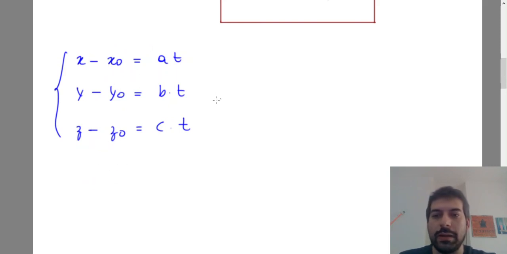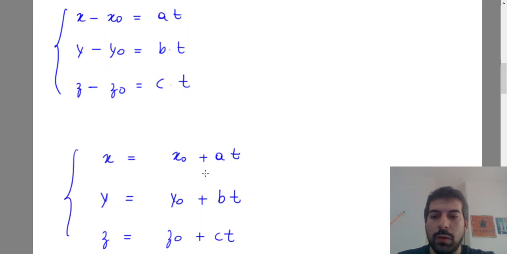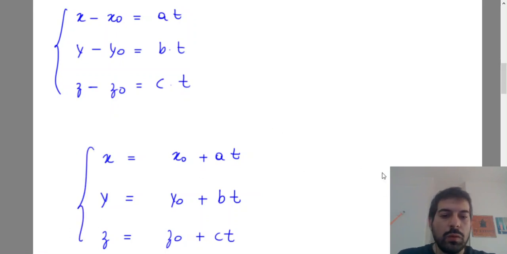So x will be equal to x0 plus at, and I will do the same thing in the other equations. I have y being equal to y0 plus bt, and z will be equal to z0 plus ct. Those ones here, guys, are what we call the parametric equations of the line.